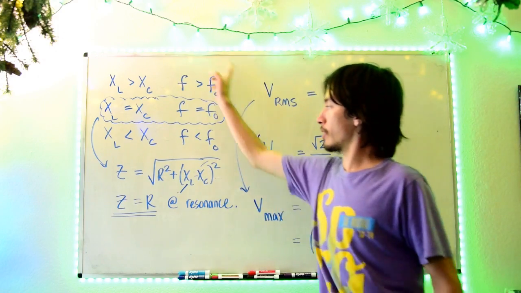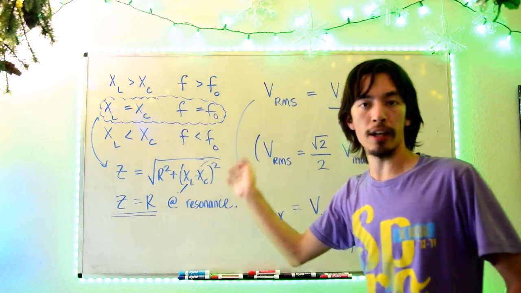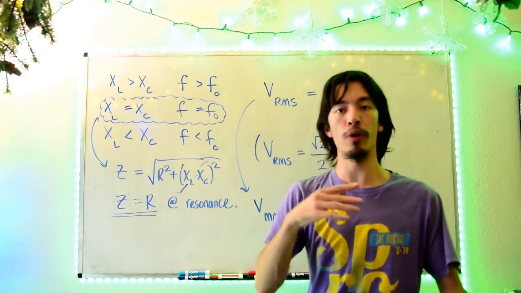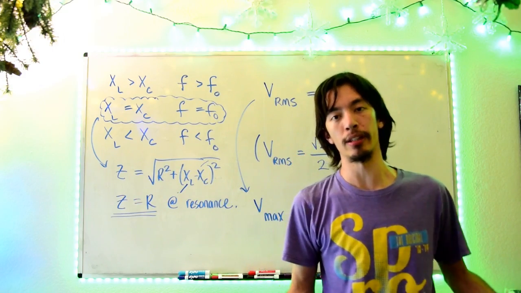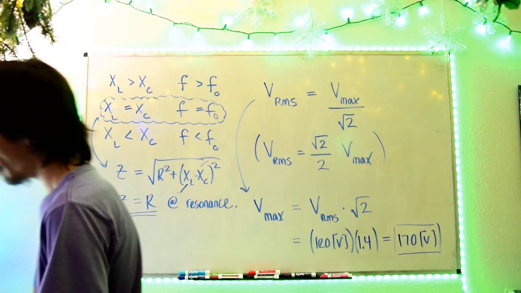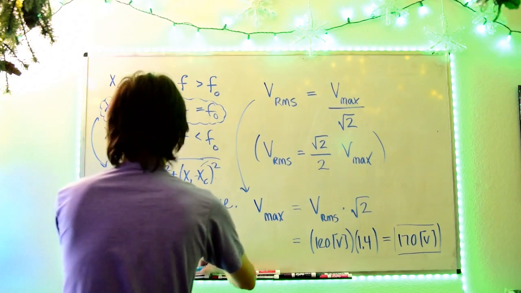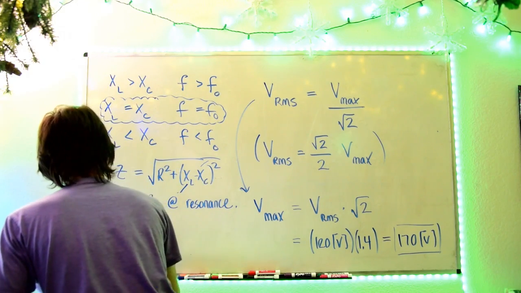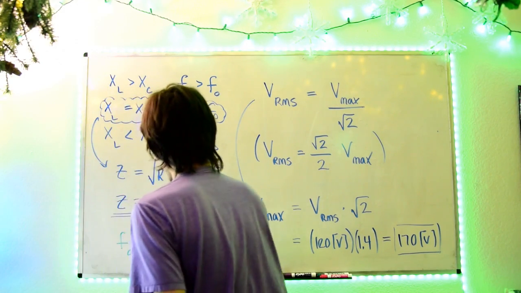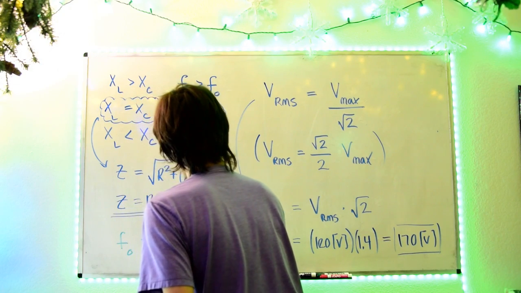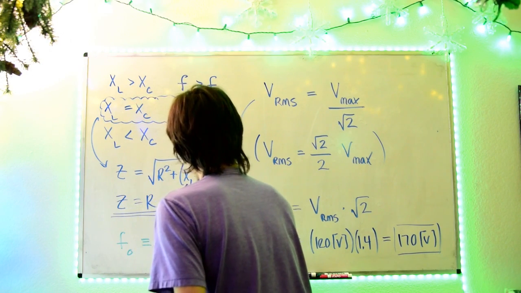So this summarizes what you should know conceptually about what ranges of frequencies you're running the circuit at. So again, the subscript F0 or F naught represents the resonance frequency. So F naught is defined as the resonant frequency.